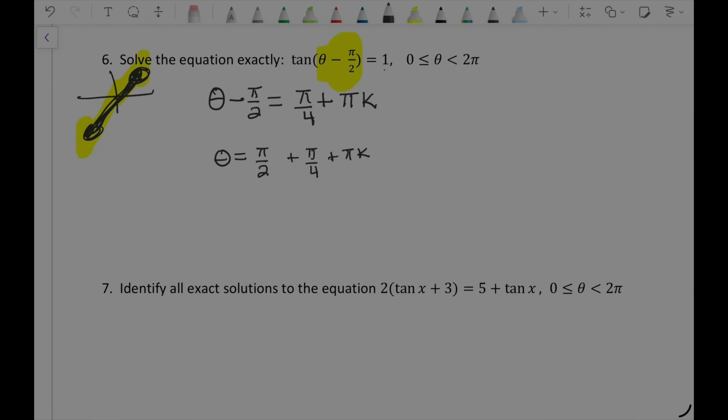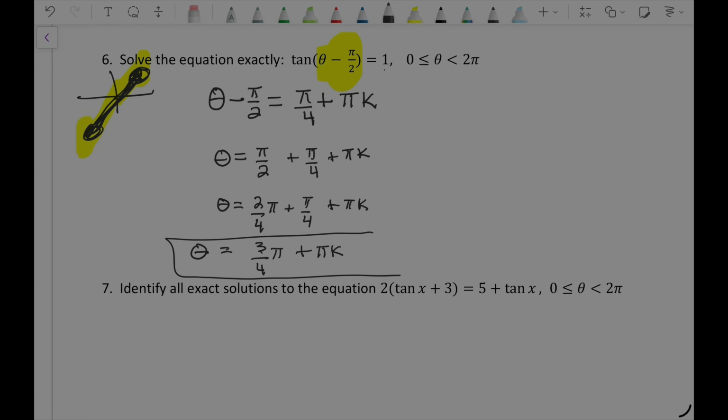But the two non-k numbers I can add together. We will have 3/4 pi plus pi k. It doesn't look like this should be the answer, but this is the answer for all solutions.